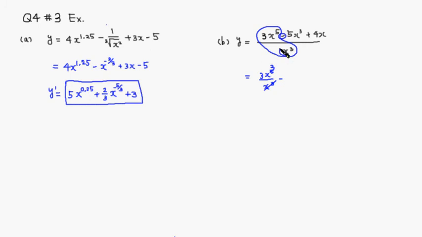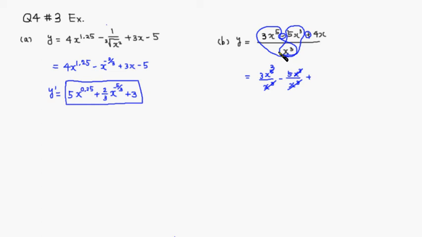Then the second quotient is 5x cubed over x cubed. You can cancel x cubed and x cubed, so you just have 5 left. There's a plus sign, so we have a plus here.